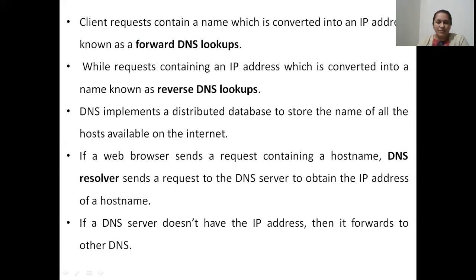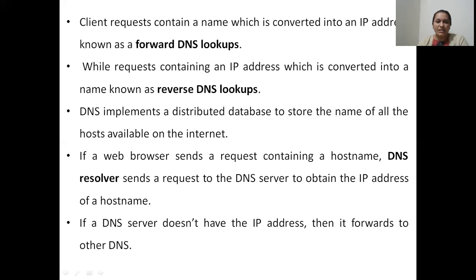Client requests contain a domain name in particular, which is converted into IP address by the DNS server. This is known as forward DNS lookup. There is also reverse DNS lookup, which happens in the DNS server. In reverse DNS lookup, the client will send a request containing IP address.